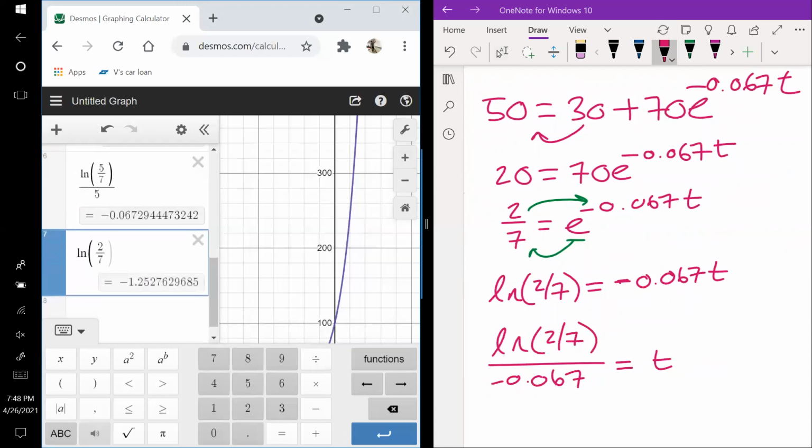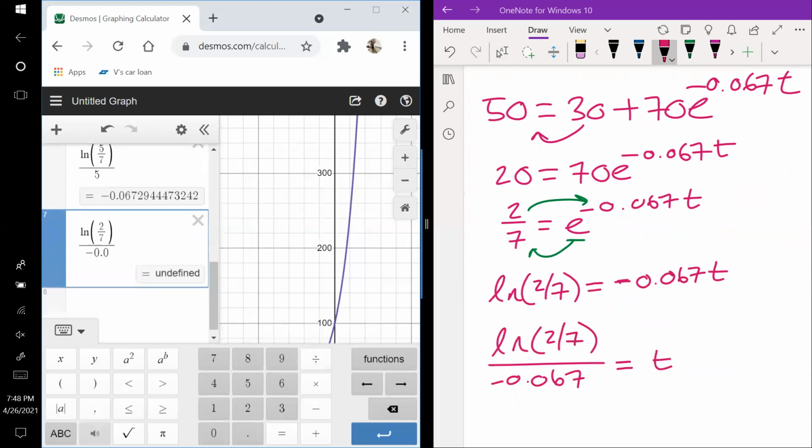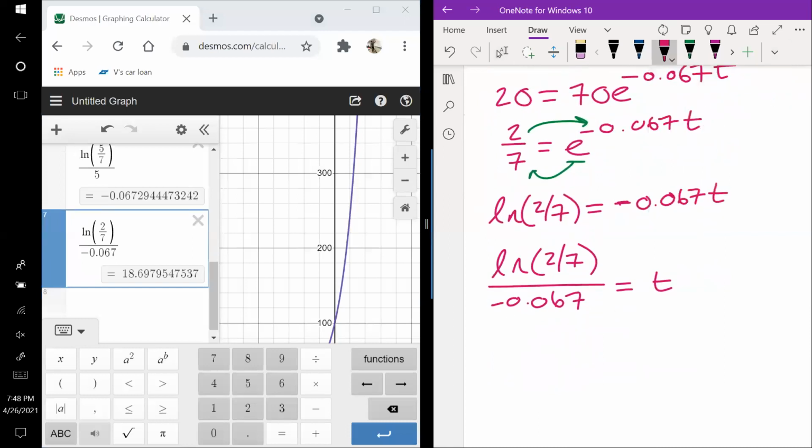The time it will take for the ramen to get to 50 degrees Celsius is going to be 18.7 minutes. There we go.